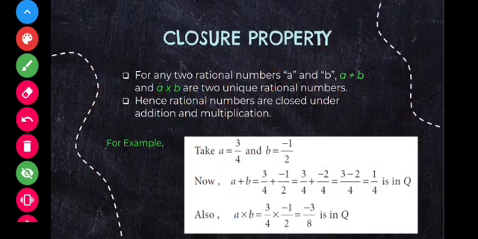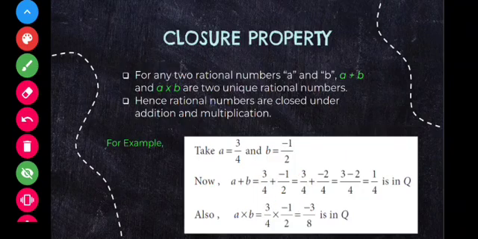Let's take an example. We have a equal to 3 by 4 and b equal to negative 1 by 2. Now we are going to check a plus b, which is 3 by 4 plus minus 1 by 2.